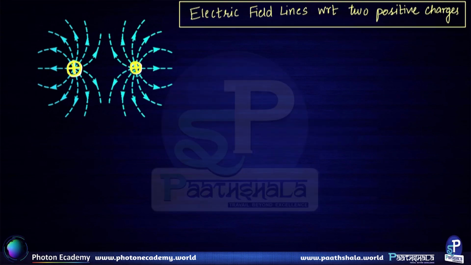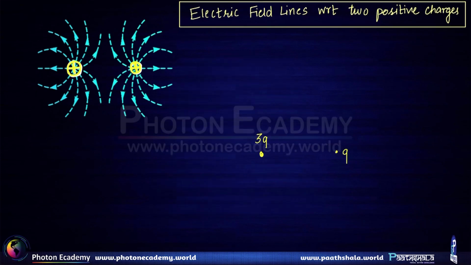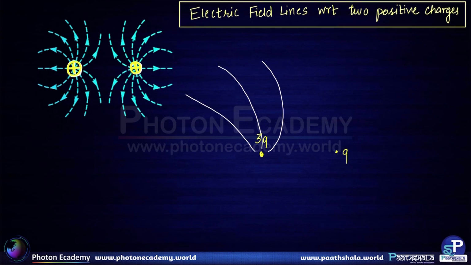Now let us say we had two unequal positive point charges. Let's say here a charge of 3q was present and here a charge of q was present, then what we would see is that a greater number of electric field lines will originate at the 3q point charge. So the situation will be something like this.